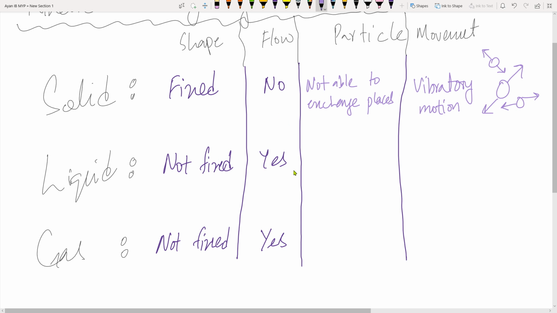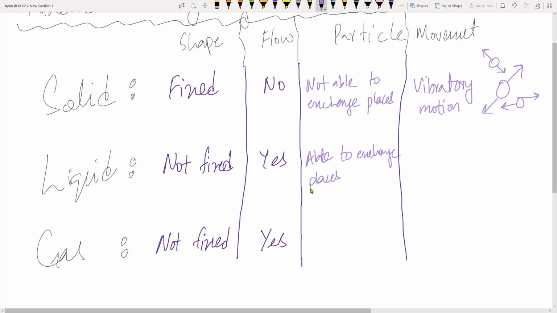They can flow. So what do you predict now for liquids? I gave you the prediction for the solid. Use the similar word. Yeah, they're able to exchange places.